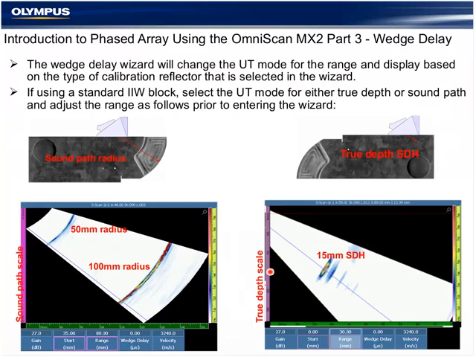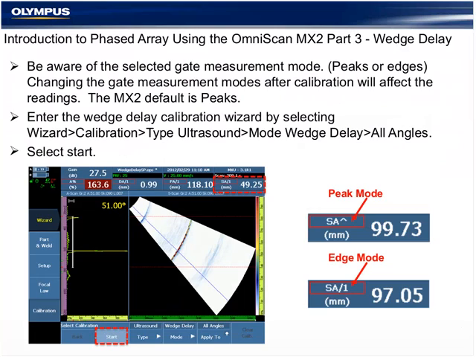This will affect both how we set the range and how we position the gates to perform the wedge delay. And again, it's very important to make sure that you know whether you're in peak mode or edge mode, because how you calibrate is how you need to perform the application, because the readings will be relevant to the mode you were in when you calibrated.